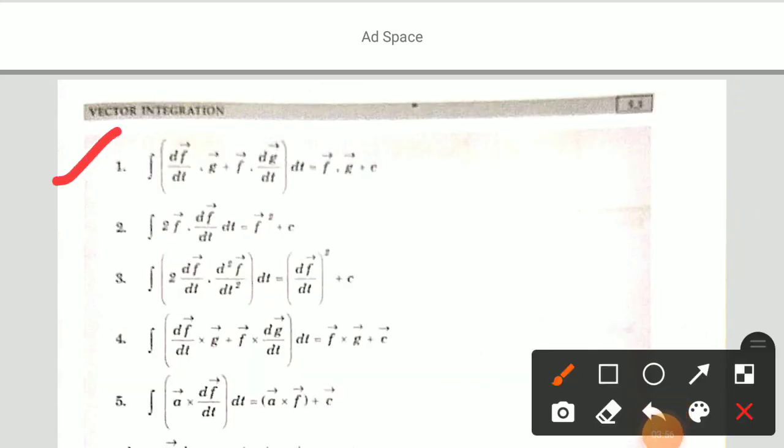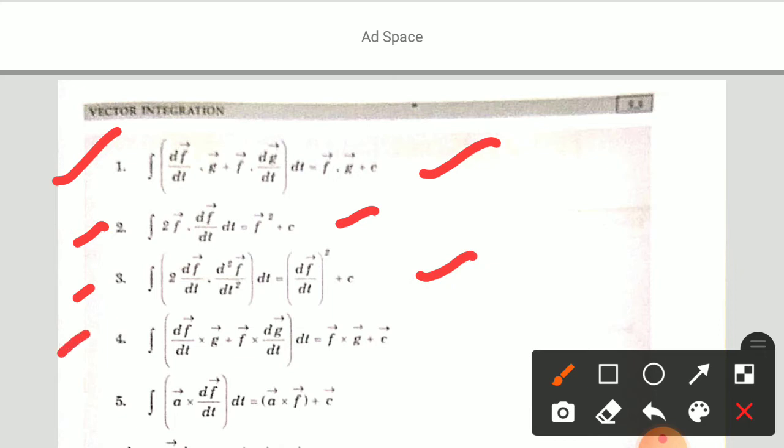That is, first is integration of (df by dt dot g plus f dot dg by dt) dt is equal to f dot g plus c. Marking this as number 2, integration of 2 times f dot df by dt, dt is equal to f square plus c. Third is integration of 2 times df by dt dot d square f by dt square, dt is equal to (df by dt) square plus c.